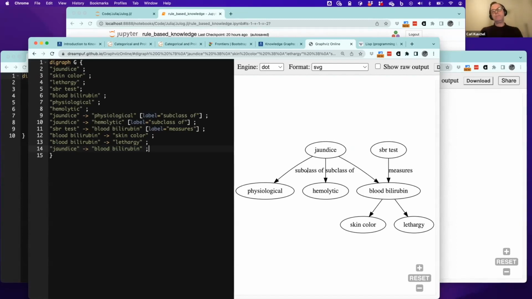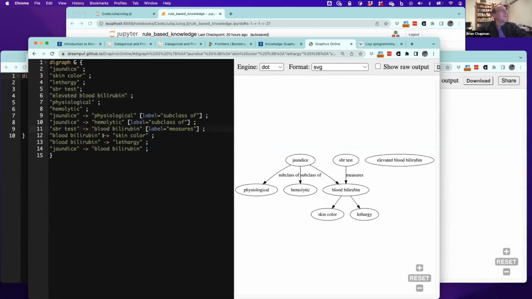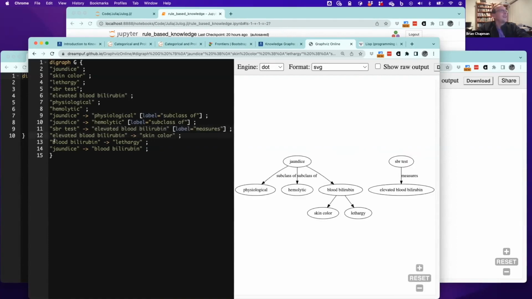Okay, so basically we have something going on in the liver, and whatever that's going on, and we've got these different causes of that, ends up with increased blood bilirubin. So maybe I say elevated blood bilirubin, and then where's my other one? Does this make it better or worse if I add elevated to this?